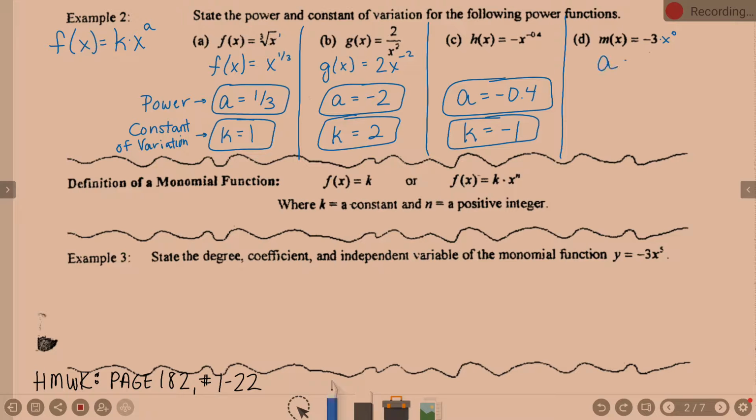What did you guys just tell me a is? 0. So it's not a power function. Found the trickery one, right? Because a worked out to be 0, this is not a power function.